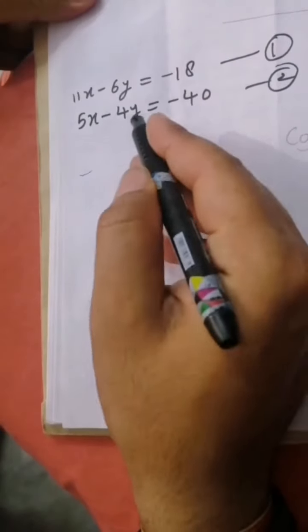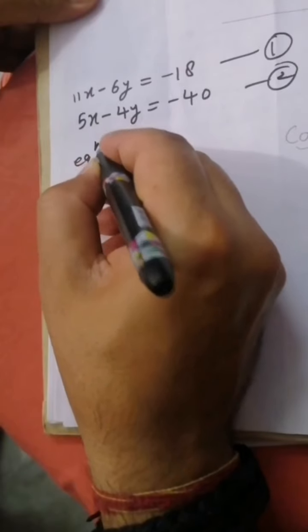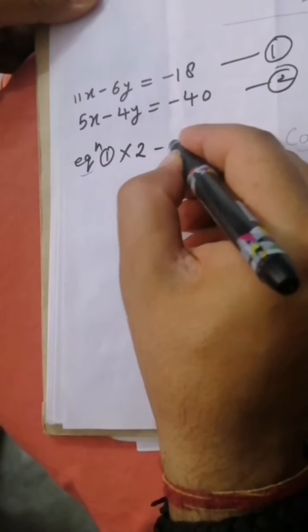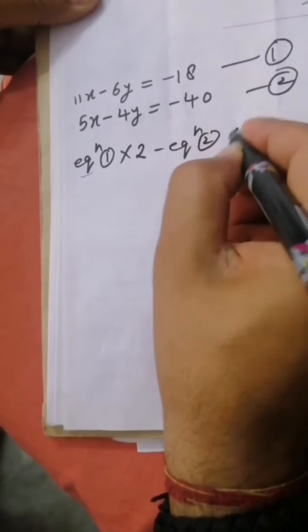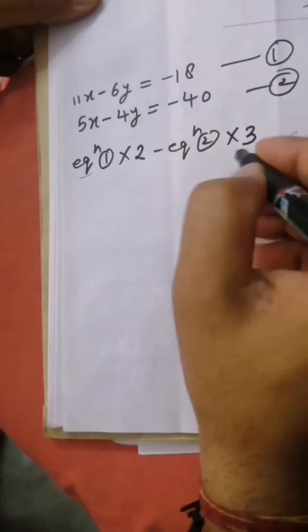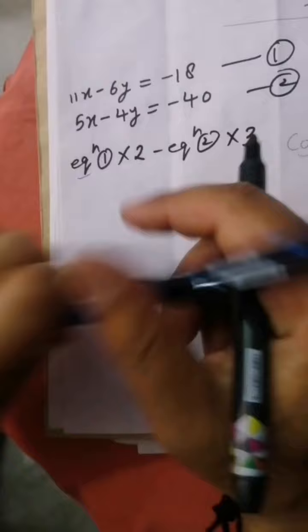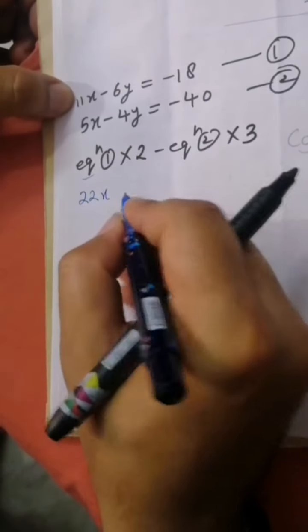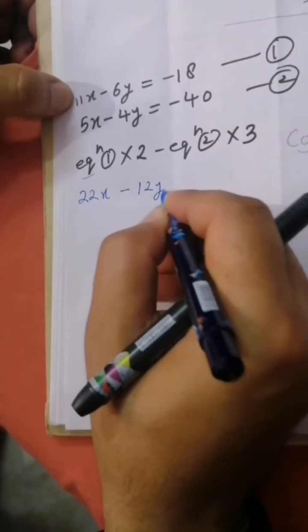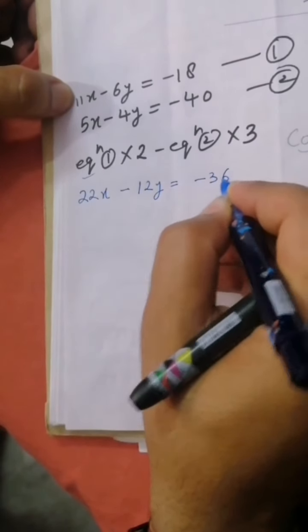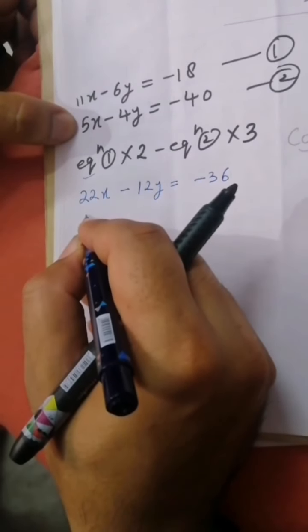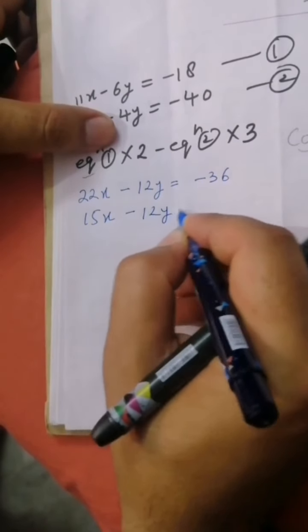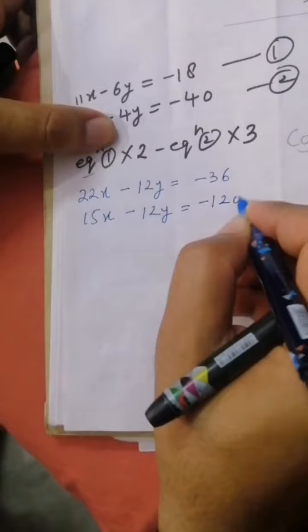Here are equation 1 and equation 2. Now equation 1 multiply by 2, because 6 times 2 is 12, and equation 2 multiply by 3, because 4 times 3 is 12. So here we will get 11 times 2 is 22x minus 6 times 2 is 12y equals 18 times 2 is minus 36. Similarly here it will be 5 times 3 is 15x minus 4 times 3 is 12y equals 40 times 3 is minus 120.